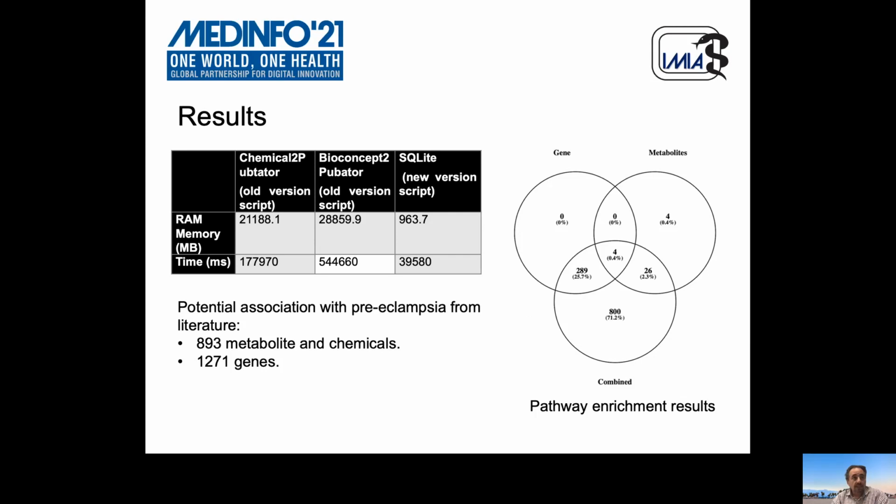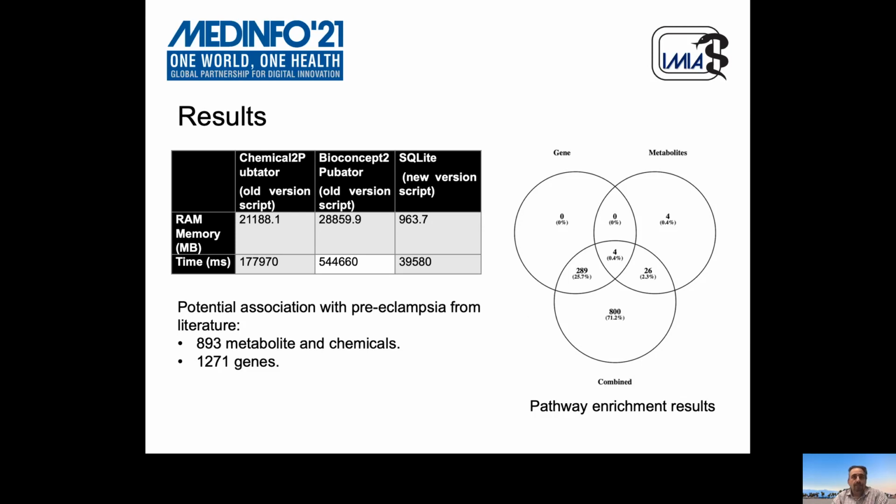In terms of the analysis, we were able to identify 893 metabolites and chemicals that were cited in the literature related with preeclampsia, and we identified 1,271 genes.